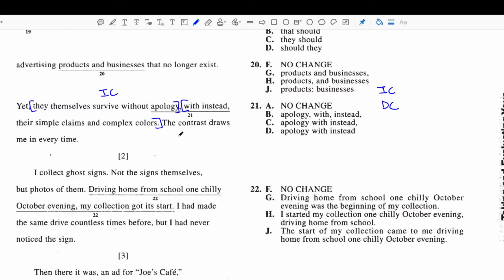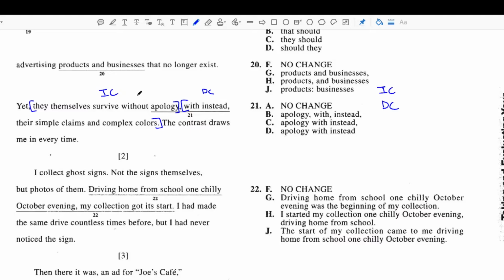Can that stand alone? No, that can't stand alone. So without something else before it or following it, it would be difficult to understand what we're talking about here. With instead their simple claims and complex colors, what? There's something missing. Fortunately, we have an independent clause to the left of it that supports it.